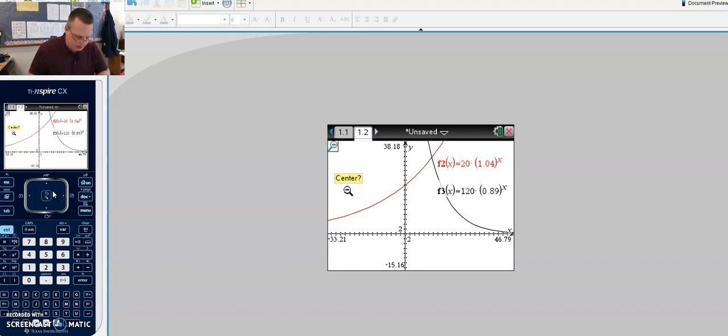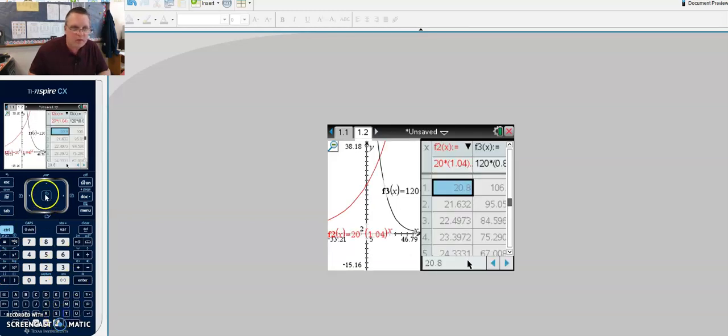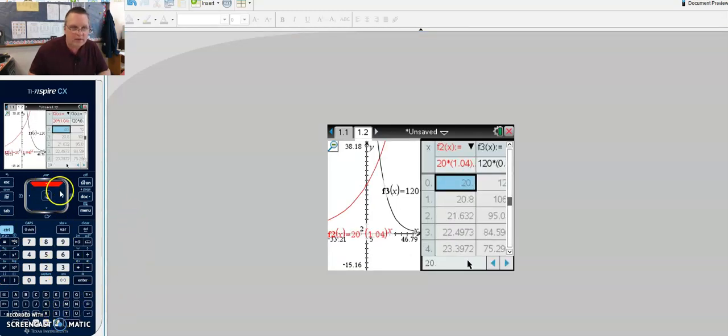It says draw a well-labeled graph to justify your solution. So you can see we have increasing and decreasing based upon the value in the parentheses, as we looked at with exponential growth and decay previously, based upon your basic graphs. I'm going to do Control T, and you can see your two y-intercepts right here at 20 and 120.